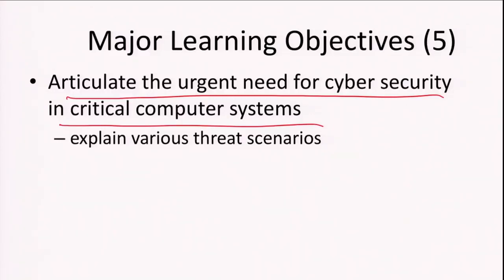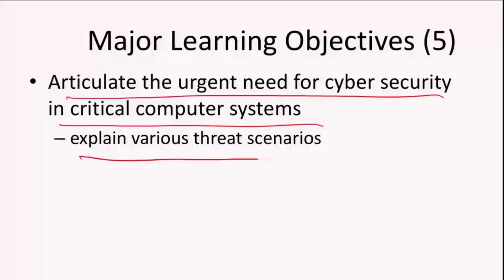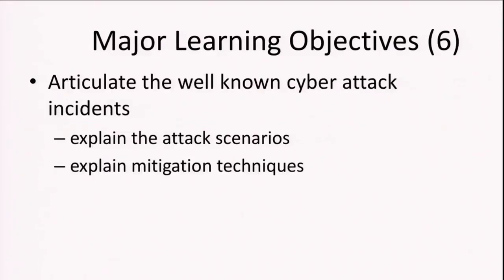As I said, industrial critical systems and power systems and so on are vulnerable to cyber attacks, but there is a separate course for that. In this course, we will not be able to go into much detail, but we should be able to discuss enough so that you can explain where the vulnerabilities could be and what can be done, and explain the threat scenarios at the end of this class.